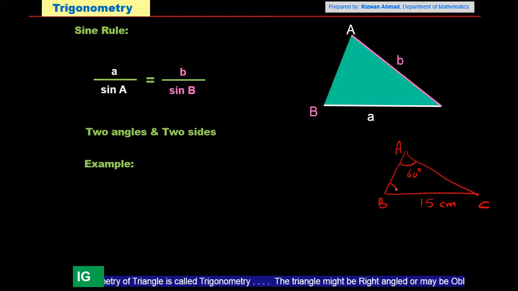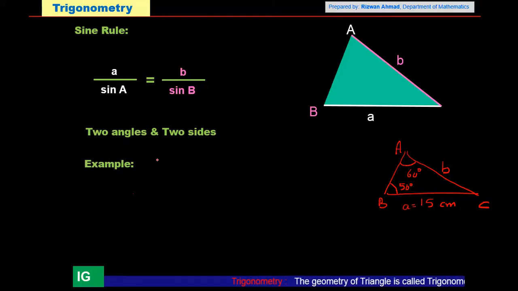and the angle B is 50 degrees and the side opposite to this is small b, and we know that opposite to the angle A this side will be small a.